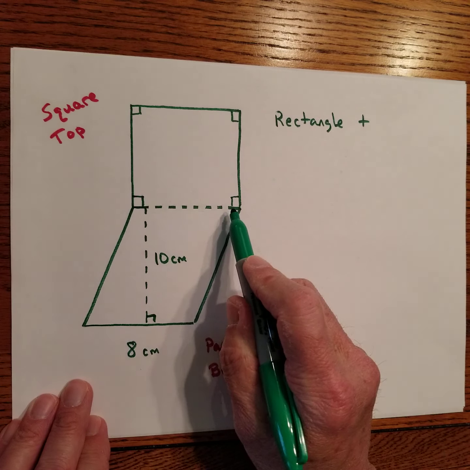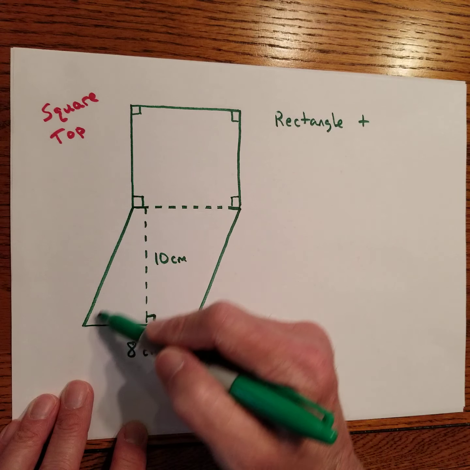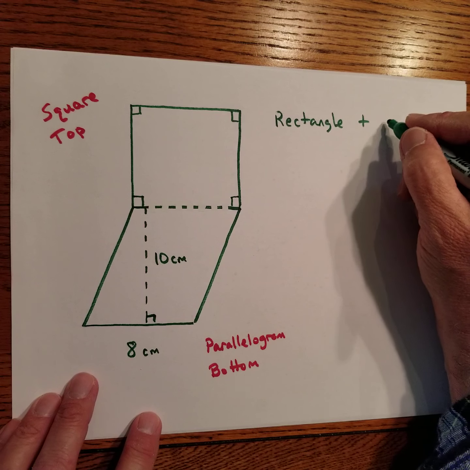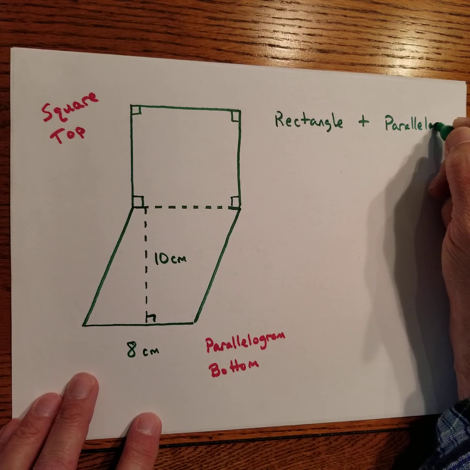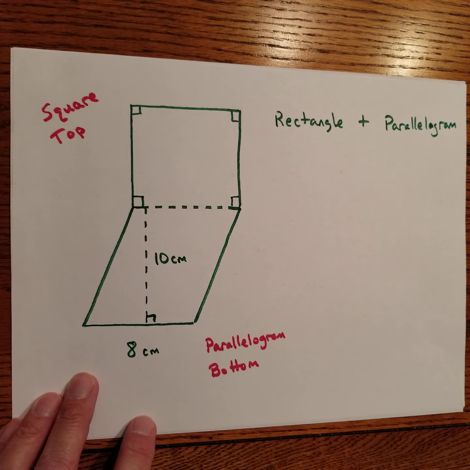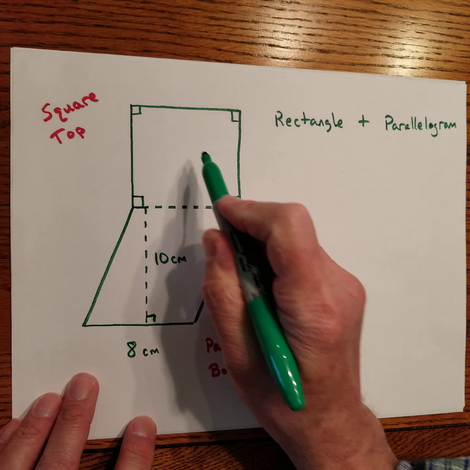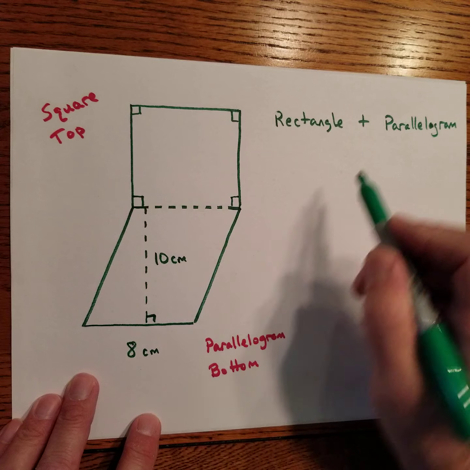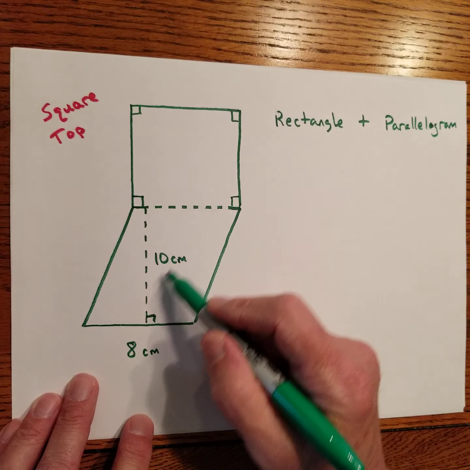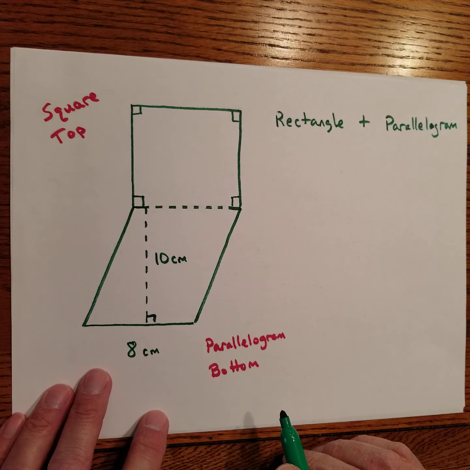Bottom and top are parallel. Left and right are parallel. That's a parallelogram. Let's get the area of the rectangular top, get the area of the parallelogram bottom, add the two areas together, and that'll give me the area of the whole thing.